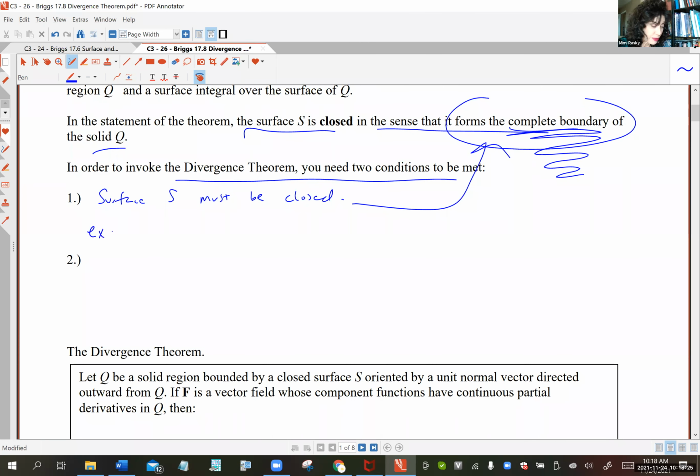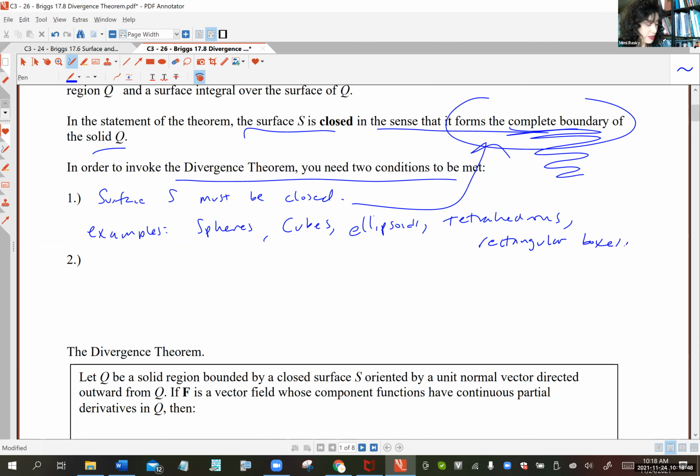So some examples: spheres, I just mentioned, cubes, ellipsoids, tetrahedrons, rectangular boxes, any of those. And there's, of course, more. So if you have that, you'll be allowed to use the divergence theorem.